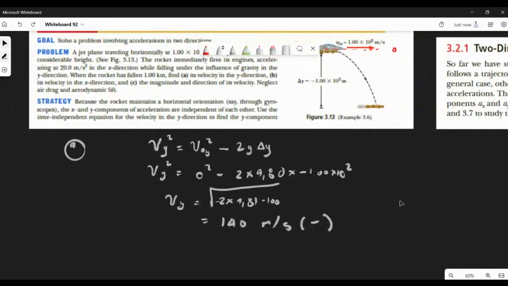Okay, so I want us to do the next one. I'll give you guys 2 minutes to absorb. So I'll try to do B. B is the velocity in the x direction, so Vx, not Vox. Give it a go. You want to find the velocity of the rocket at that particular instant.